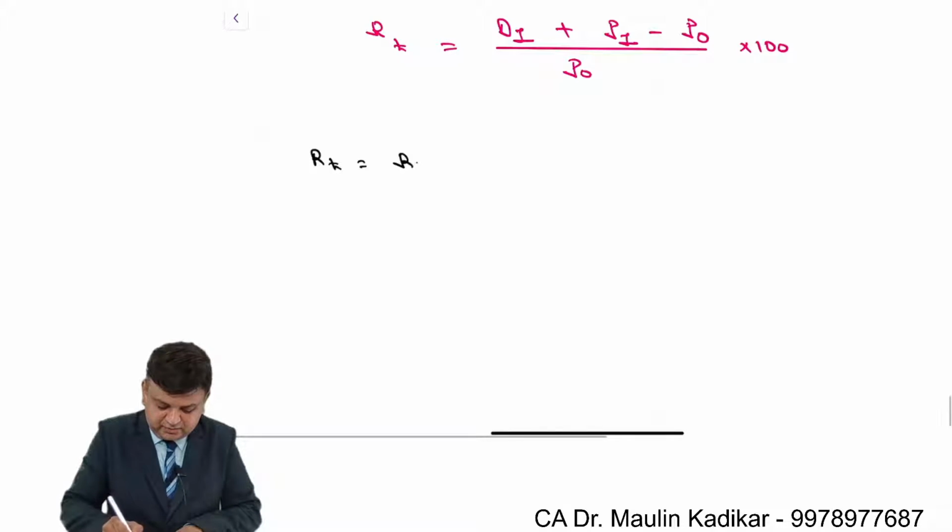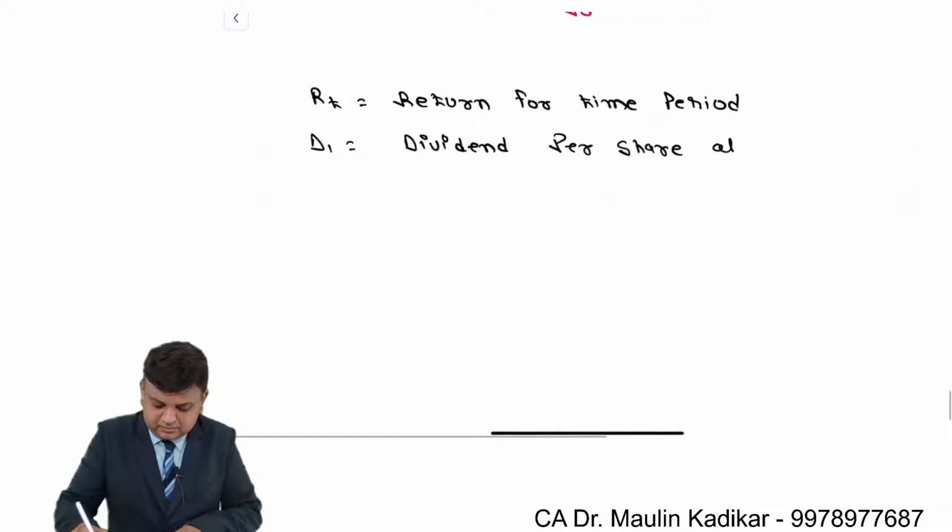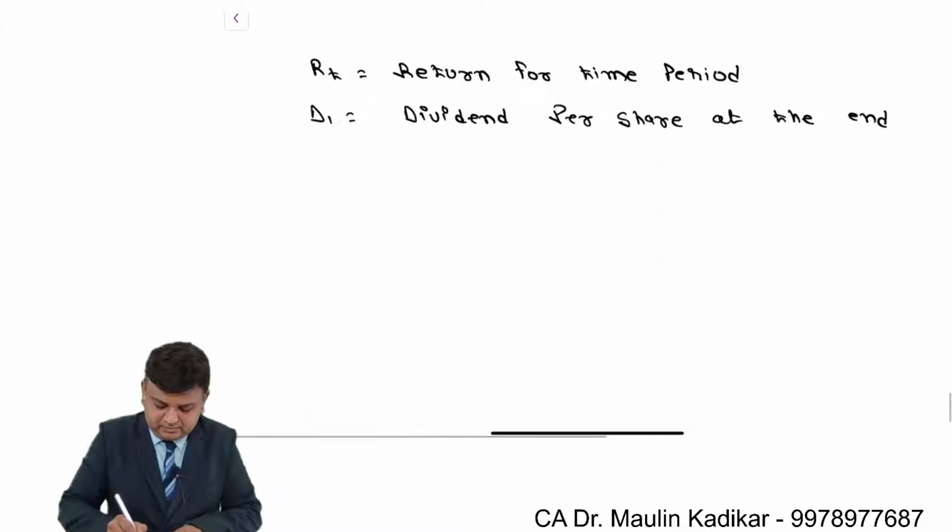RT stands for return for time period. D1 stands for dividend per share at the end of period.